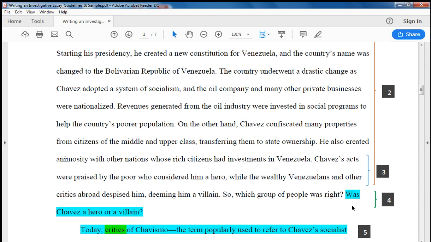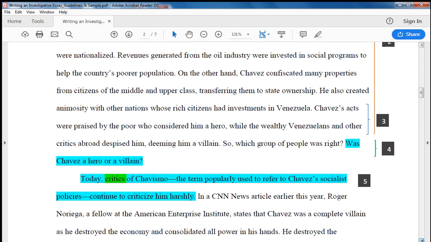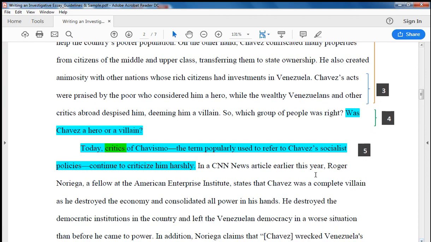And again, presenting her statement of purpose in the form of a question not only gives the reader the indication of what her main intention in the essay is, to explore the answer to this question, but notice that once more the writer maintains a neutral stance. We do not know whether this student is in support of Chavez or against him. Good. And again, that's something you want to emulate in order to maintain an objective, neutral stance in your essay.